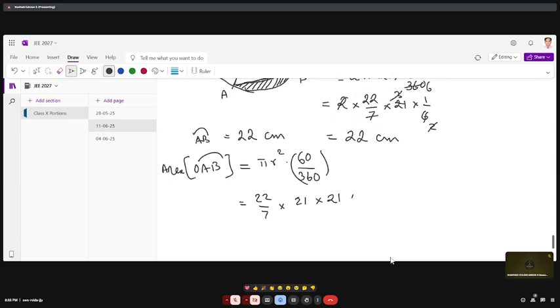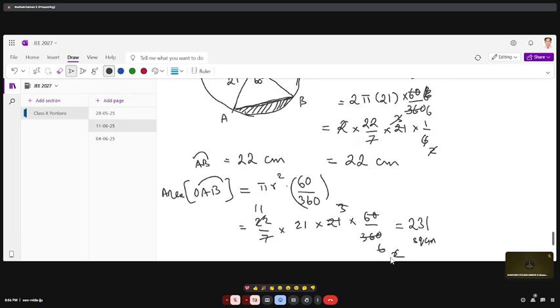Yes, sir. This is 6. Okay, so this is 3. This is 2. This is 11. So what remains? 11 into 21. 231, sir. 231. That is the area of the sector.